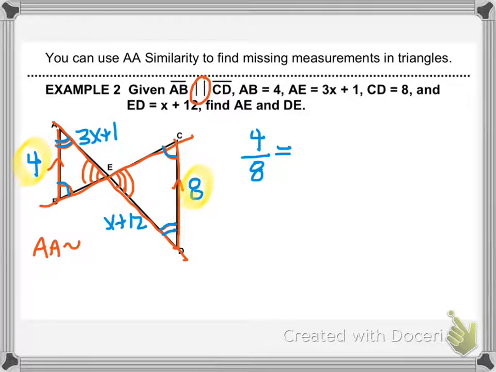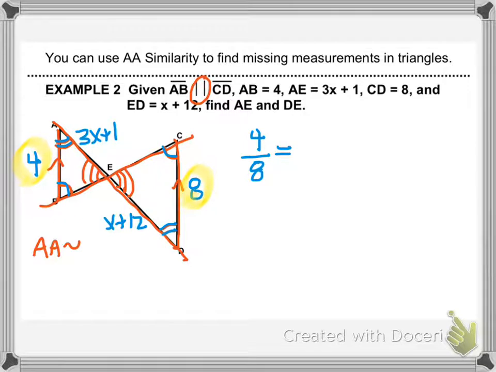So when I set up my ratio on the other side of the proportion, I need to set it up in the same way. Just because of what we have left, it's very easy to see that probably the 3x plus 1 and the x plus 12 correspond, but let's just make sure.